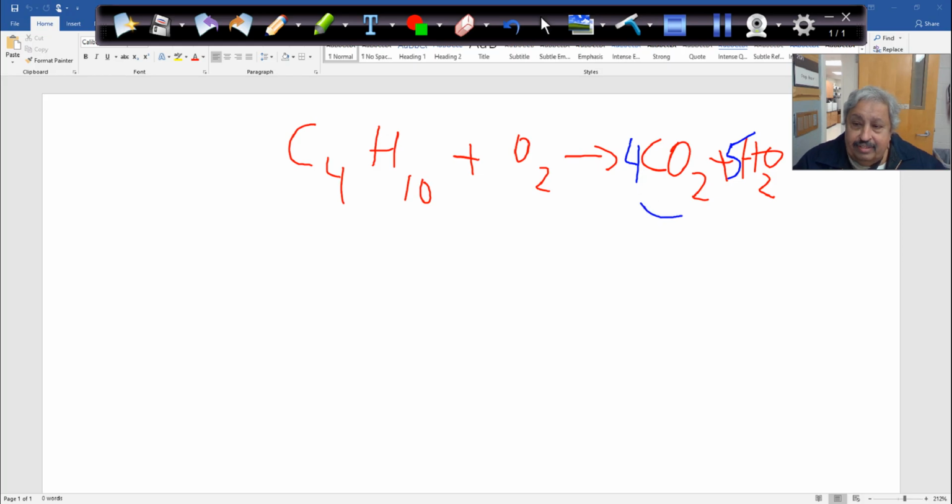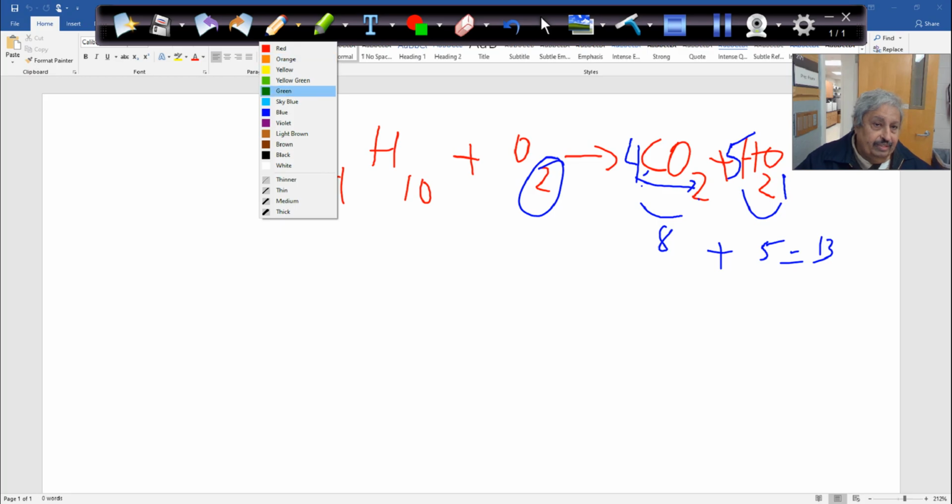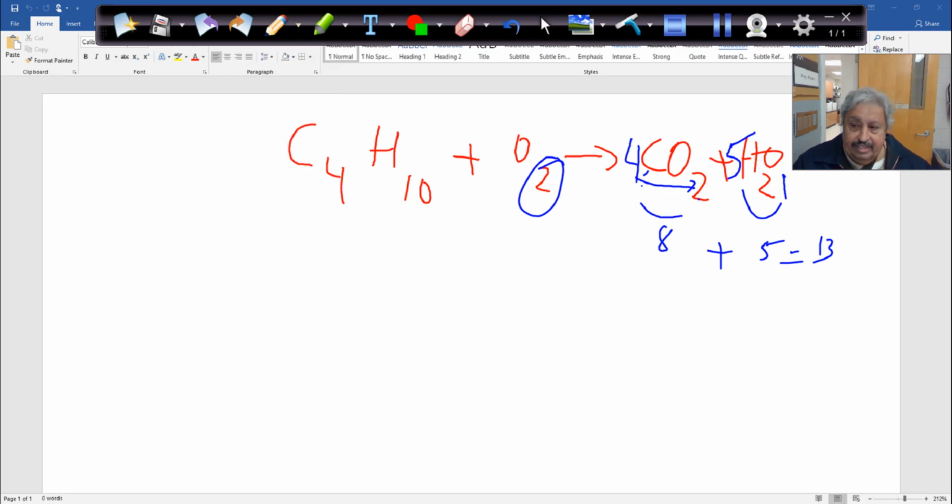I have here 4 multiplied by 2 is 8, and 5 multiplied by 1 is 5, so this one is 13. Oxygen is 13, and here is 2. If I have odd and even numbers opposite to each other, then I have to go through a fraction.